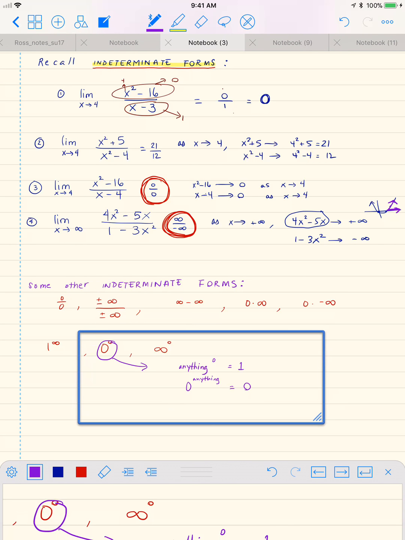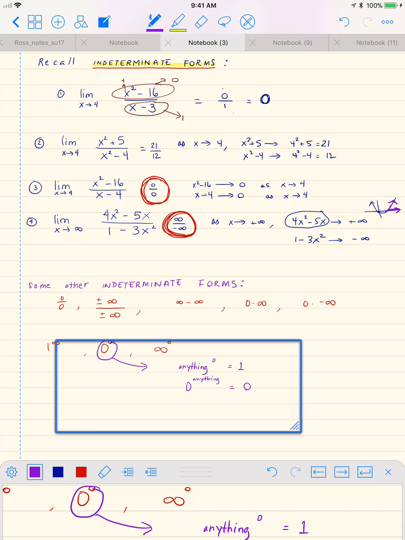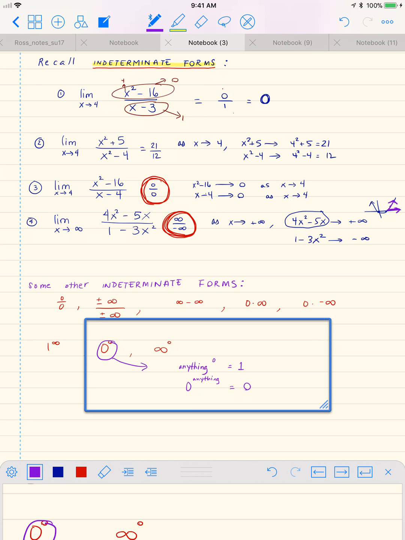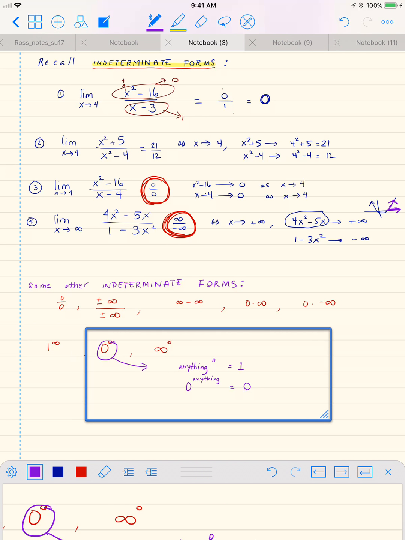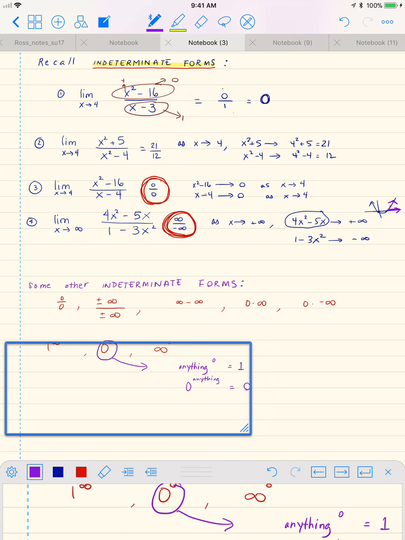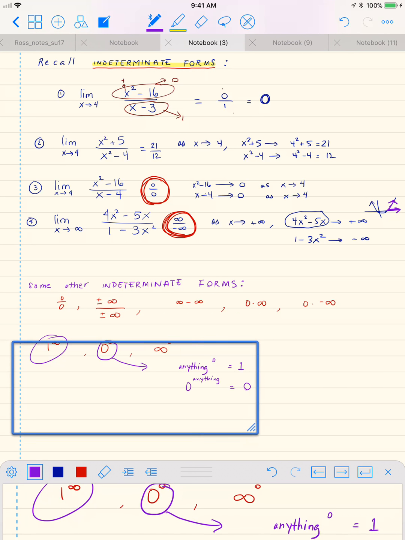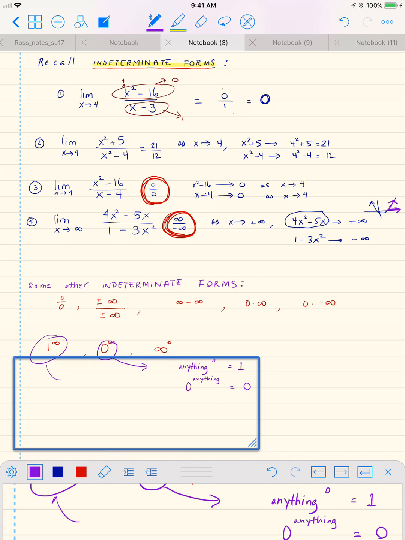Sometimes when you take the limit, you don't get 1, you don't get 0, you get some real number like 3. Okay? And our last indeterminate form here is plus infinity to 0. That's also indeterminate. And with 1 to infinity, students lots of times get confused because they think 1 to anything is equal to 1.